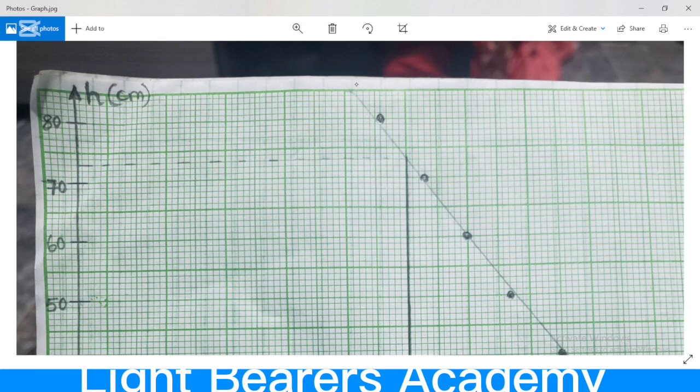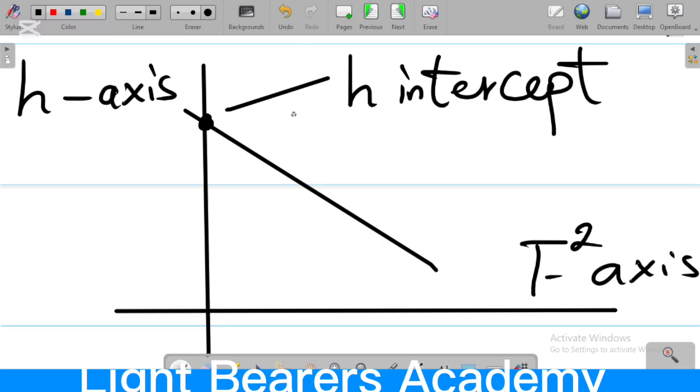So the graph is not big enough, and this is where h-axis stops. If I had used a big graph, I would have known the exact value of h-intercept. So take note of this. Wherever your line of best fit crosses the h-axis, the point there is known as your h-intercept.